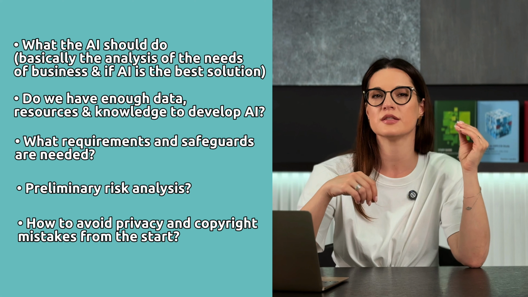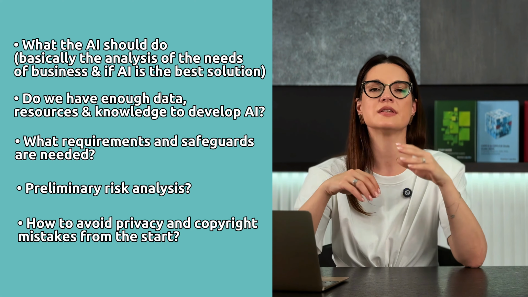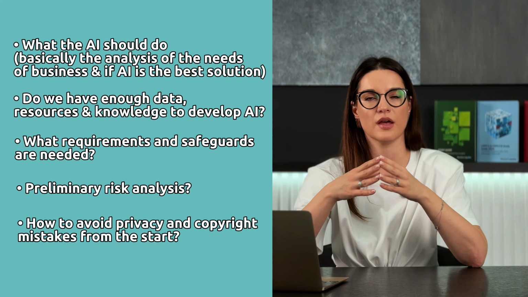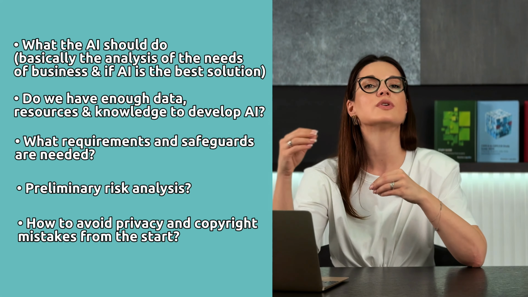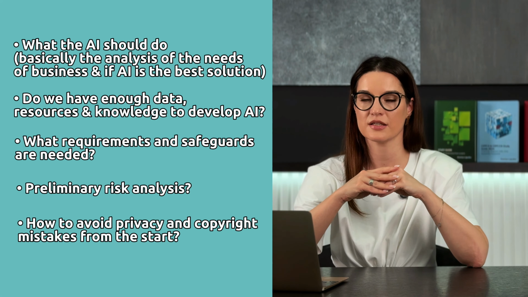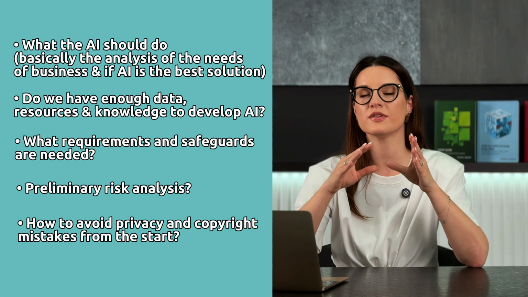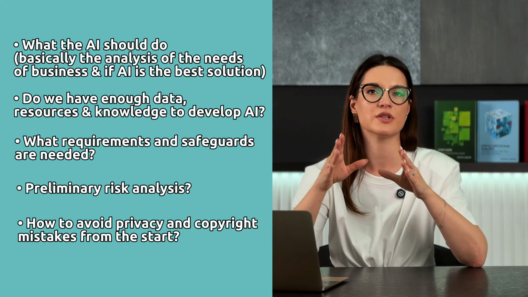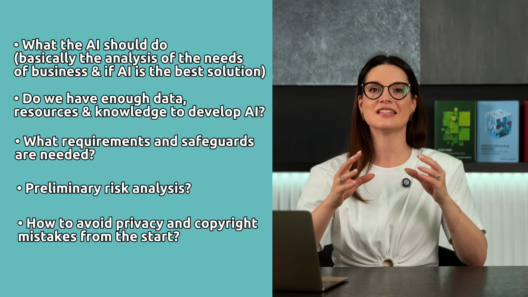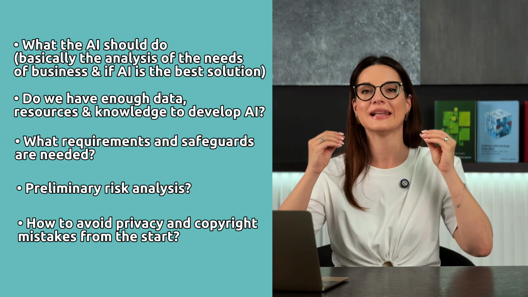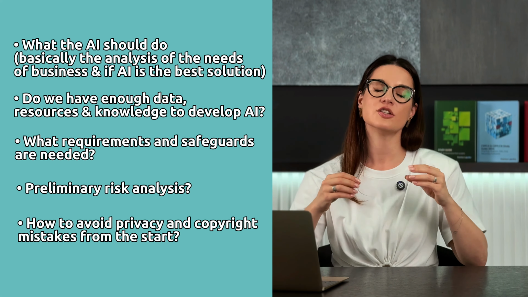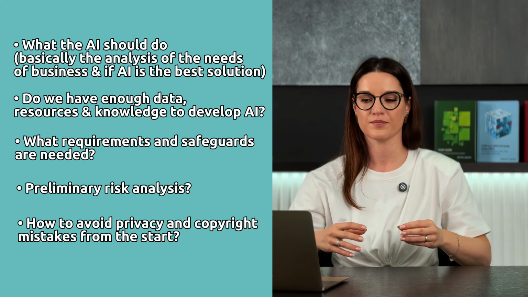Next, we need to think at this stage what requirements and safeguards are needed. Then you have to do a preliminary risk analysis. And also you would think how to avoid privacy and copyright mistakes from the start. So basically at this stage, you are planning everything and trying to prevent the risks.